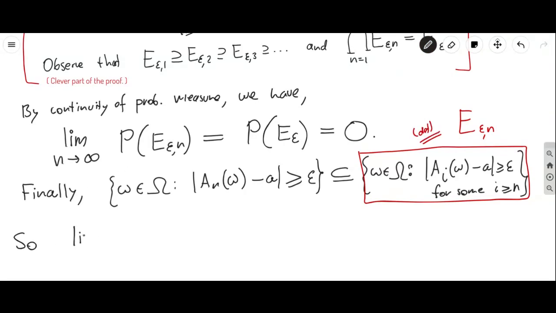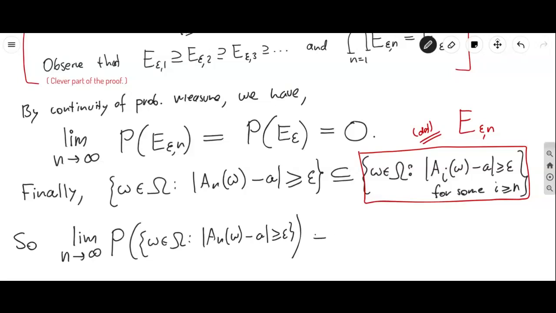So the limit, when n goes to infinity, of this event is therefore dominated. You see, this event is dominated by that event. But the limit of all of those is 0. So that would mean the probability of those is also equal to 0.